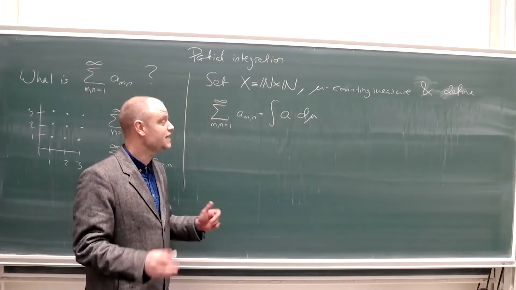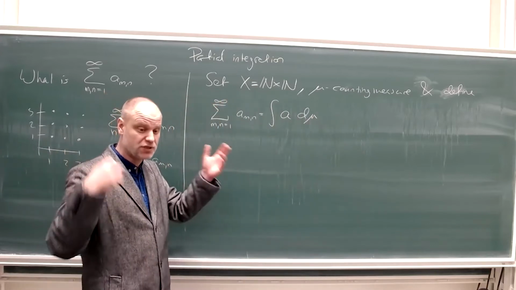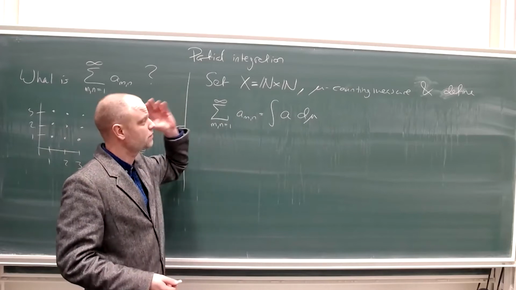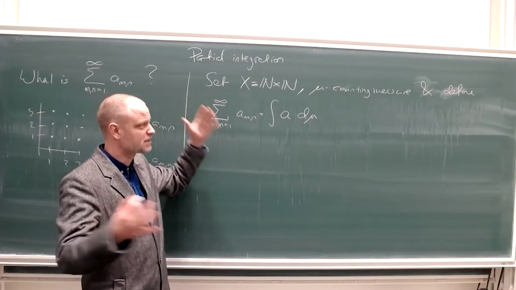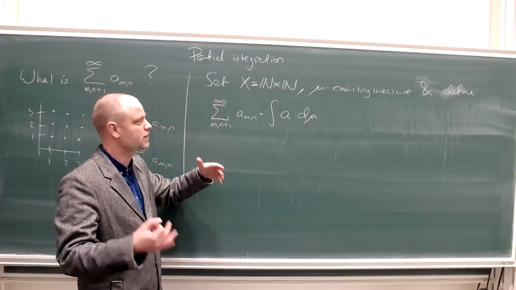So we do not need to choose either of these definitions, because we can think of this as integration, and then everything is solved by this massive machinery of the Lebesgue integral.